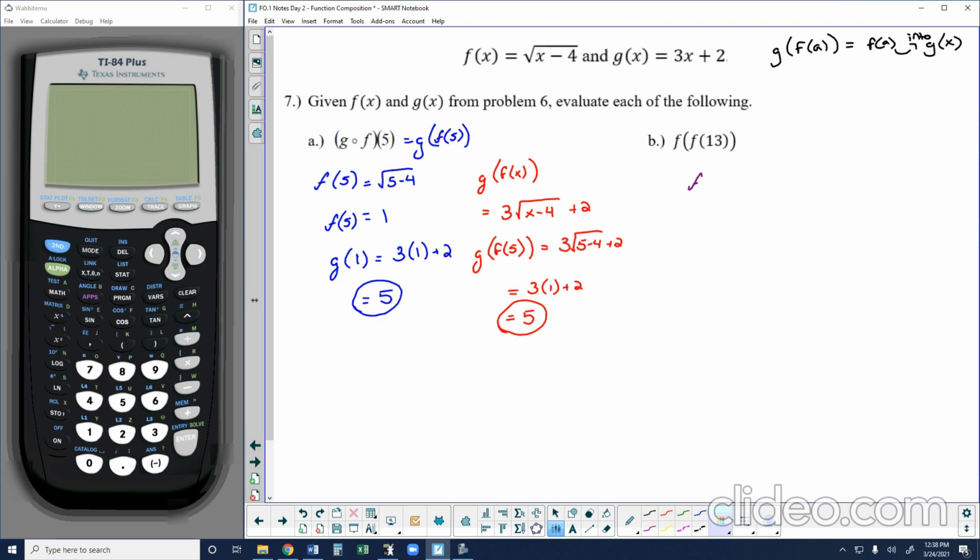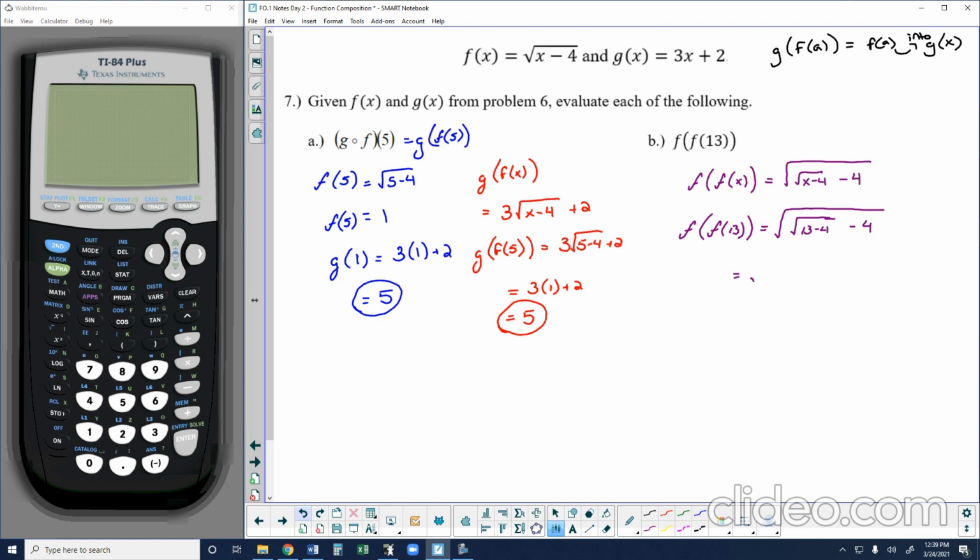So what I'm going to do first here is find f of f of x. So I'm going to take f of x and substitute it into f of x. What this would become is the square root of, now x is getting replaced by f of x, which is the square root of x minus 4 minus 4. Now we could simplify this with rational exponents if we wanted to, but this is good enough to move forward here. If I want to do f of f of 13, I can take this previous expression and replace the only x value with 13.